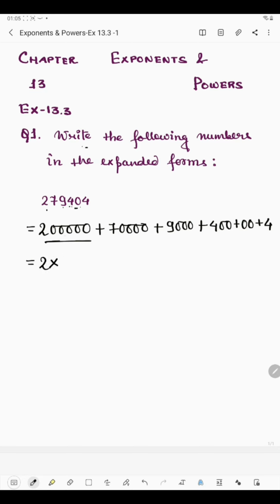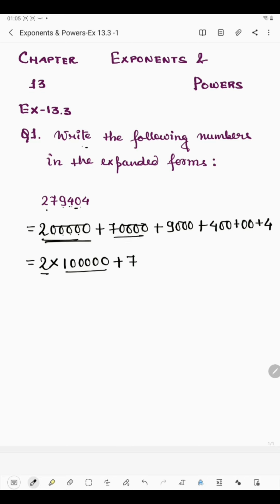2 multiplied by, see here, 1 2 3 4 5, so 1 and then 5 zeros. When you multiply this by 2, then we will get this number. Now here we have 7 and 7 is multiplied by which number to get this number?